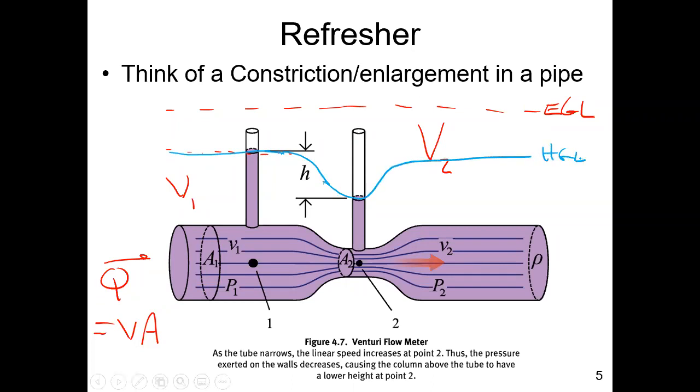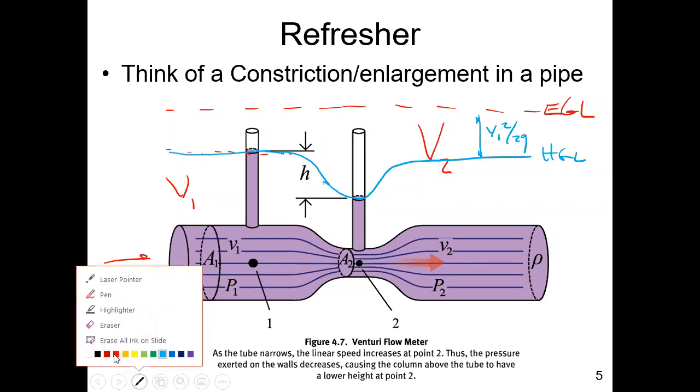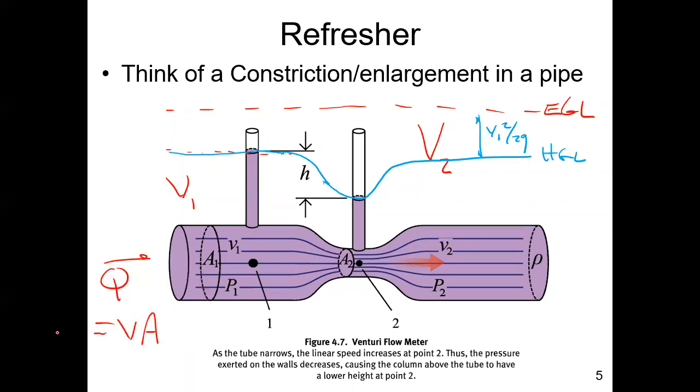And again, the difference between the energy grade line and the hydraulic grade line is V squared over 2g. Before and after the constriction, we have V1, and in the constriction, we have V2. Great. Now, that's all review.